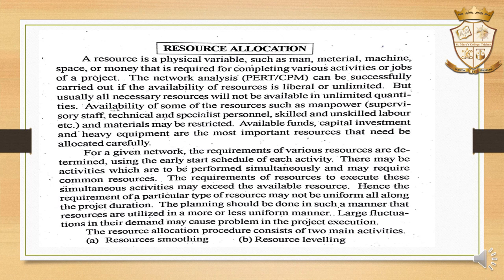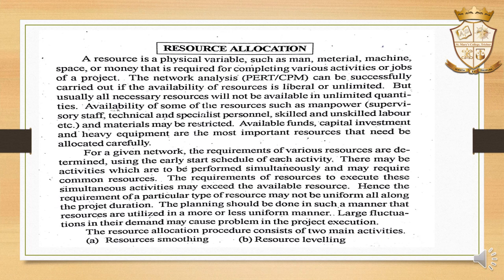The network analysis can be successfully carried out if the availability of resources is liberal or unlimited. For a given network, the requirements for various resources are determined using the early start schedule of each activity, because these activities which are to be performed simultaneously may require common resources.